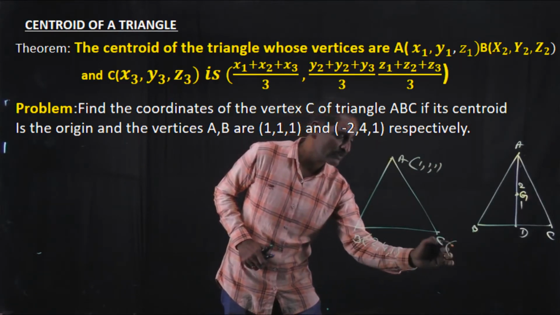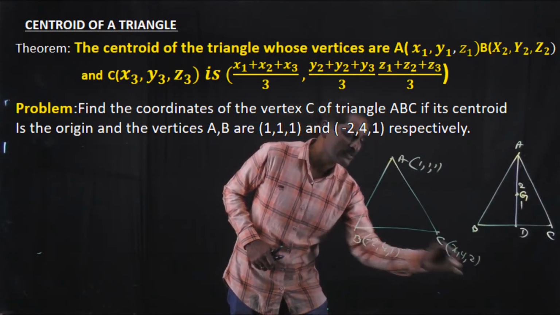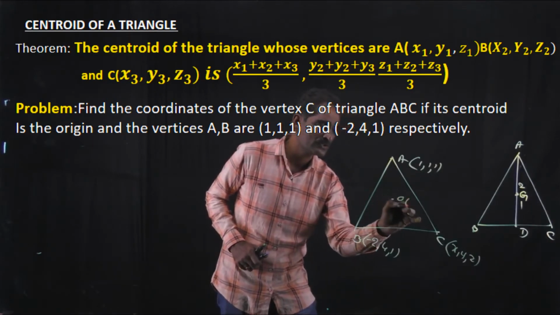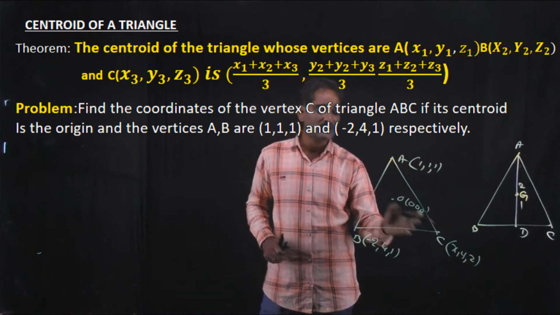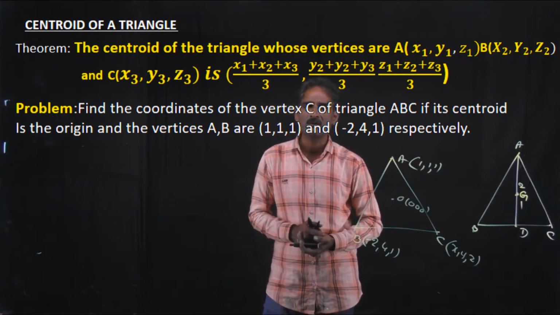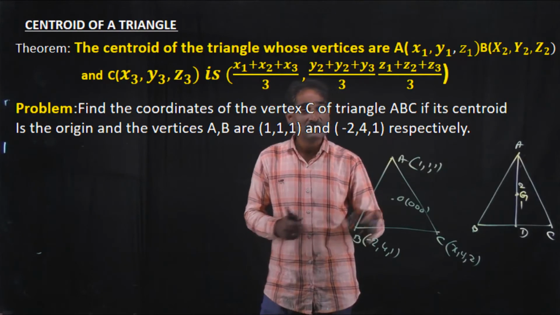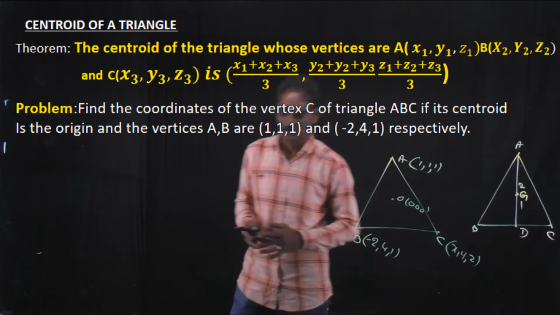Let the required point C be x, y, z and the centroid be the origin 0, 0, 0. Just apply the centroid formula for ABC and equate it to this. Otherwise there is a shortcut formula also. Later I will discuss it.